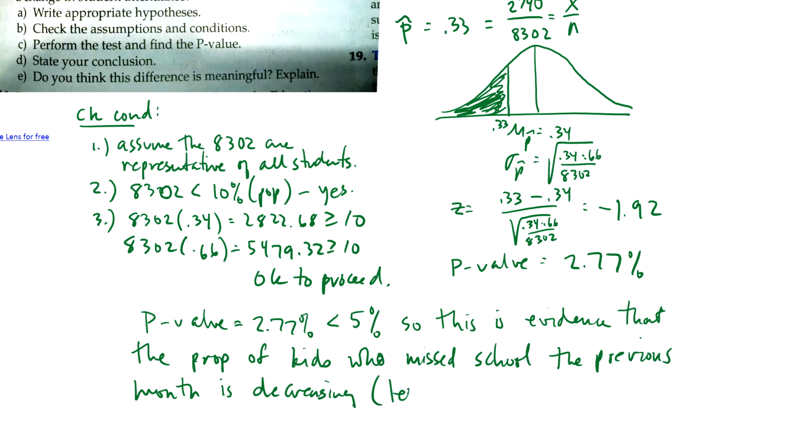Or we could say less than 34%. Okay, does that make sense? And that's bad, of course, because that means fewer kids are missing their math class, right? Okay, there you go.